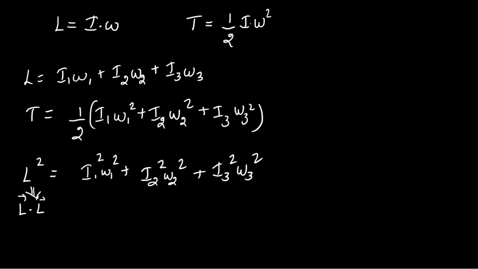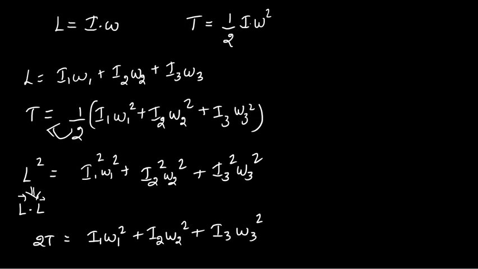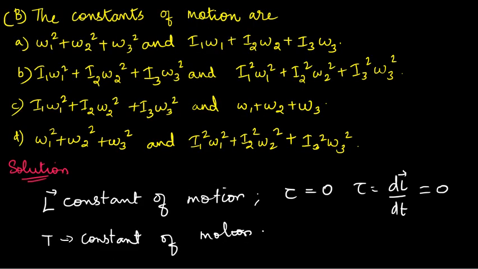It is the L dot L dot product. And then you can take this 2 over here, so you get 2T, which is equal to I1 omega 1 square plus I2 omega 2 square plus I3 omega 3 square. So these are the two constants of motion, and option B will satisfy this equation.